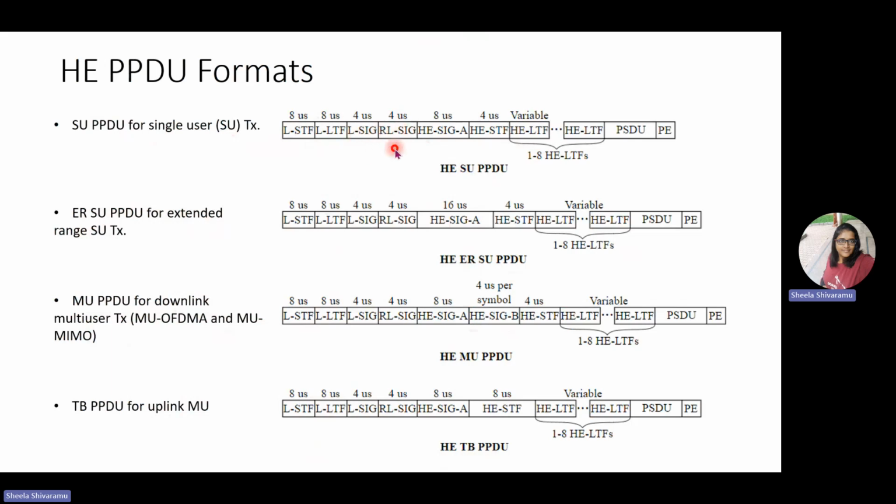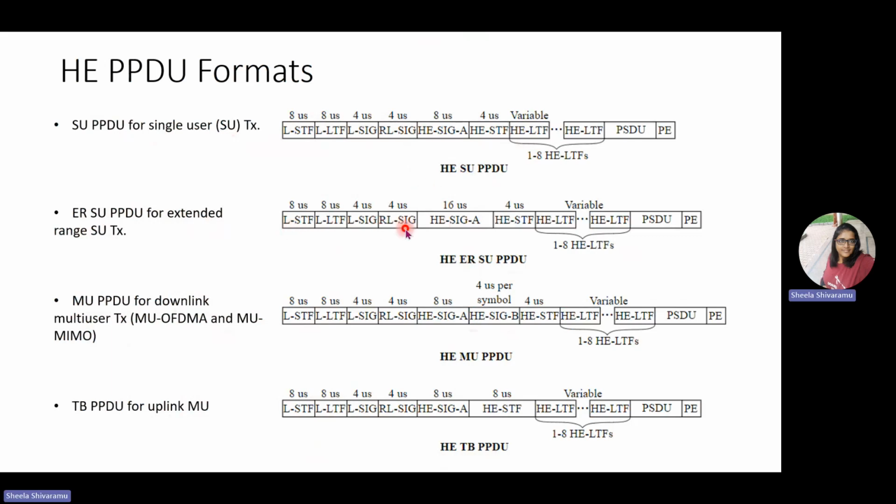The RL-SIG field here is the repeated L-SIG field. It is used to distinguish between the 11ac and 11ax PPDU. The L-SIG and RL-SIG also have the extra 4 subcarriers on which the channel can be estimated. So the L-LTF channel estimates are updated in order to create the full channel estimate.